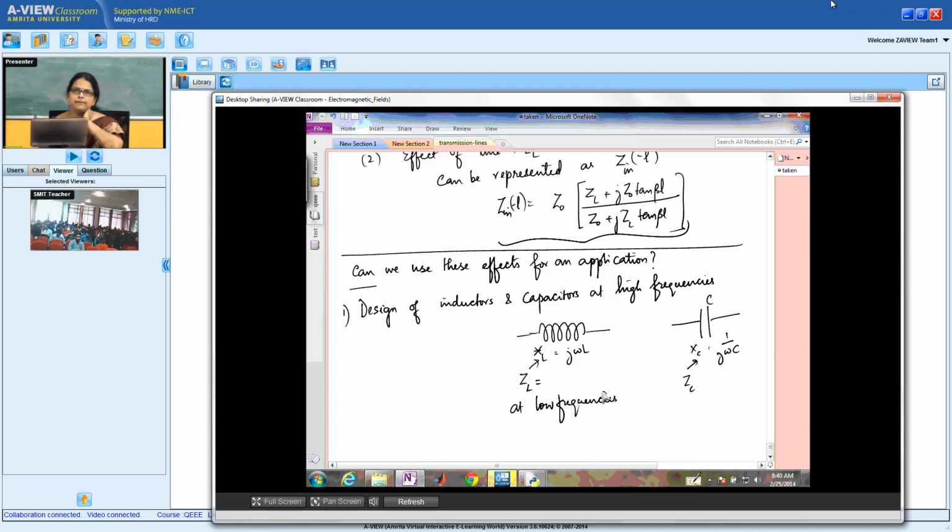At high frequency, what happens is the leads of the capacitor, so your capacitor is typically like this with 2 leads, would pose an inductance.